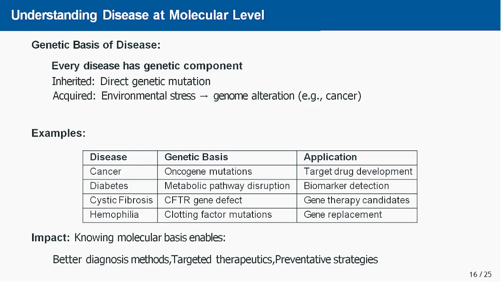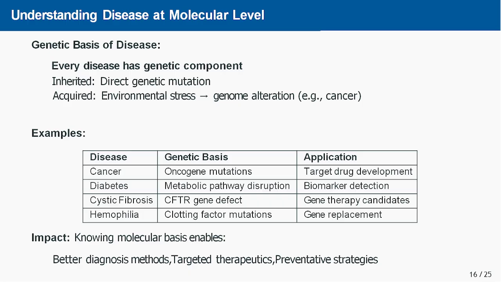Similarly, diabetes arises through metabolic pathway disruption, which can also be detected beforehand by understanding it at the molecular level. Suppose the database of a person's previous generations is known, and none of them were diabetic, but in this generation the person is diabetic for the first time.